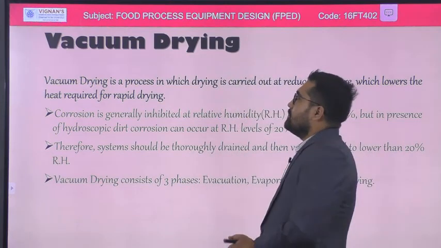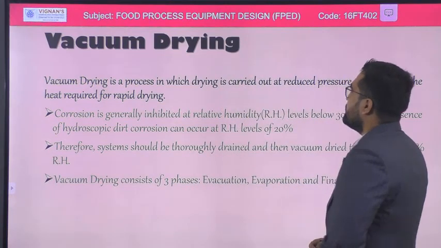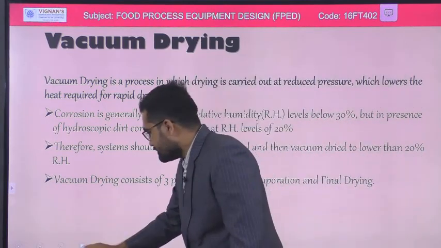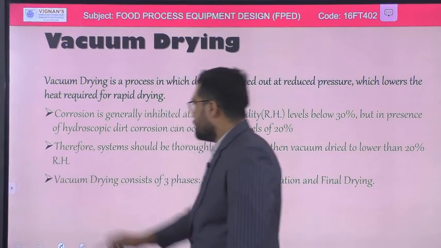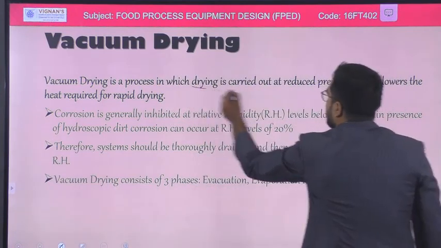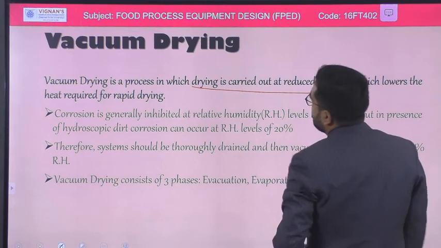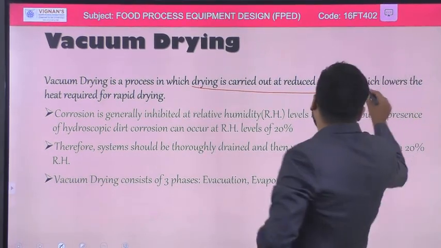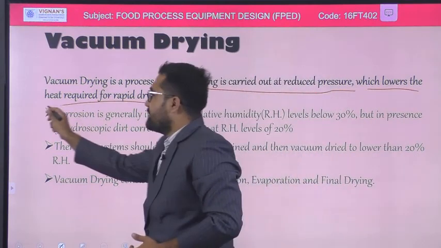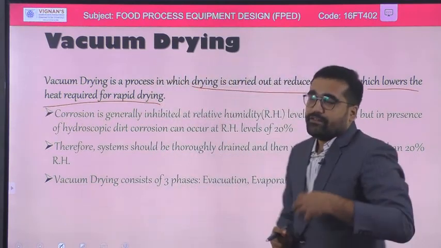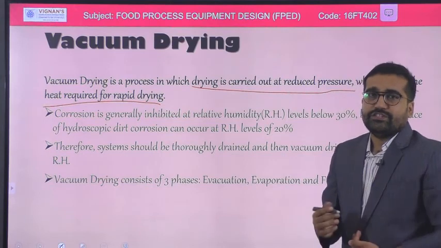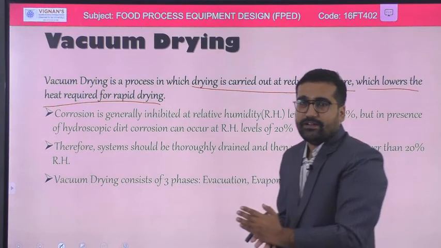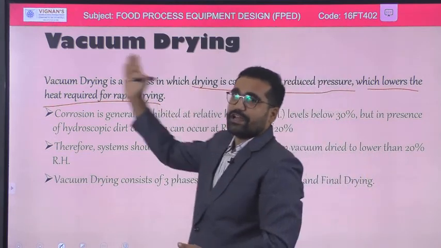Vacuum drying is carried out at a reduced pressure, which lowers the heat requirement for rapid drying. So we can reduce the amount of energy needed to evaporate the product, and hence the amount of energy needed to dry the product.